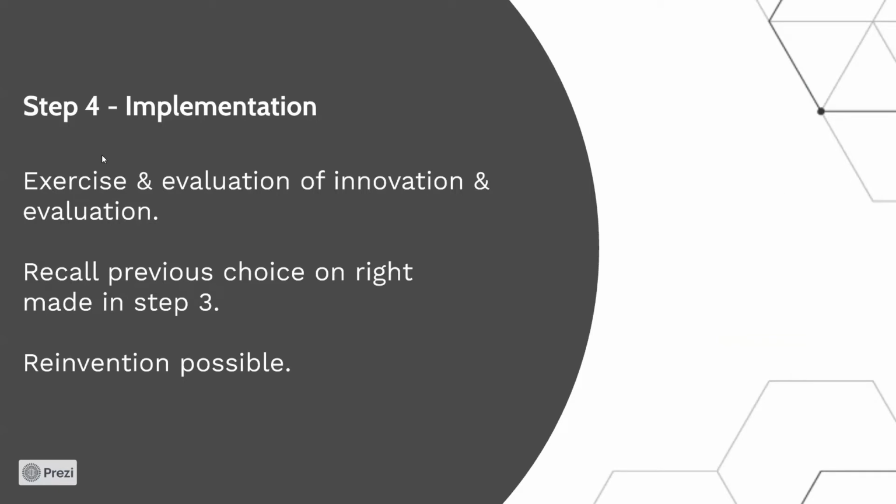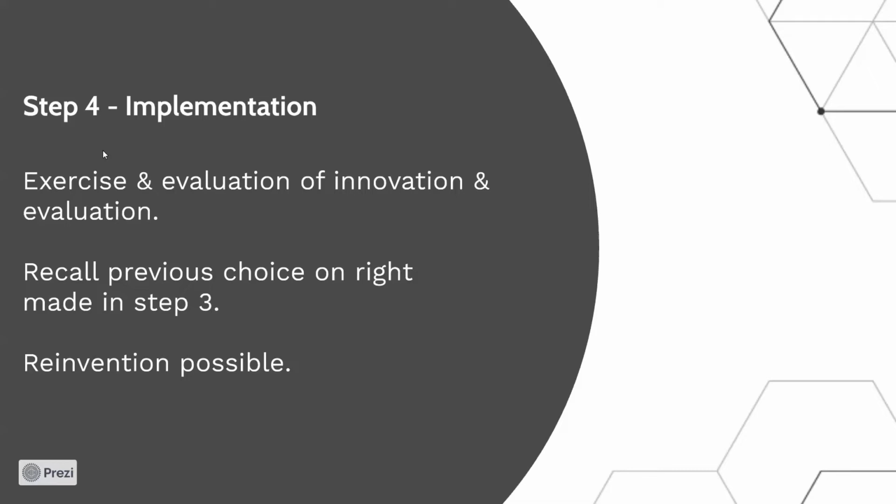For example, if I chose to adopt an innovation, I'm going to evaluate whether its purpose is being followed through in my life, and I may even choose to reinvent it. Reinvention is the modification of an innovation to better suit my needs.